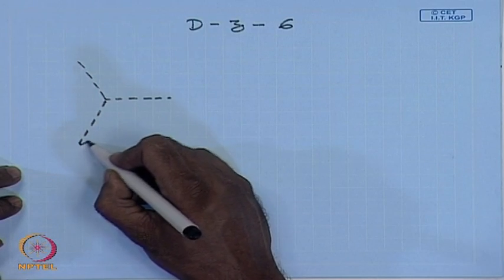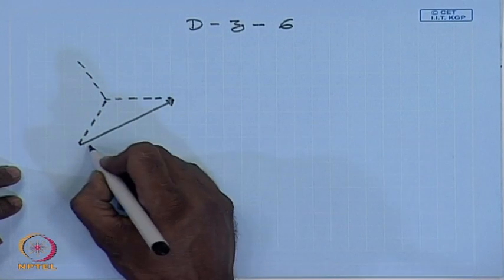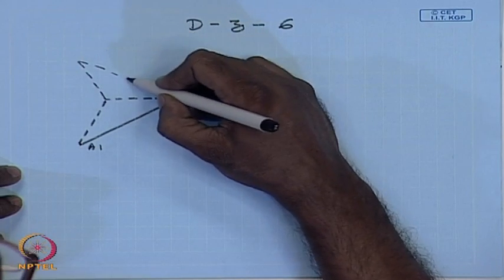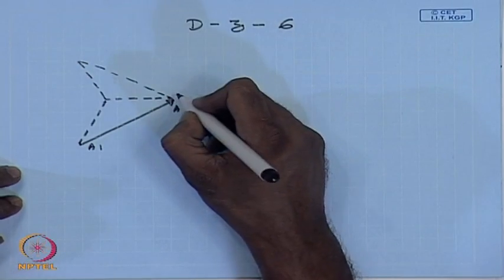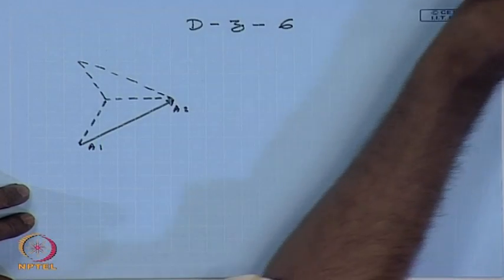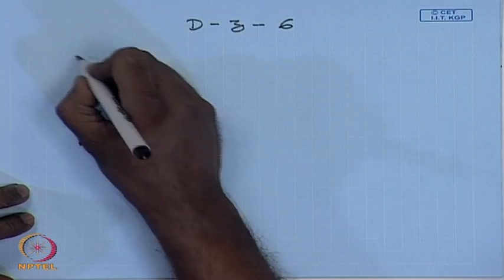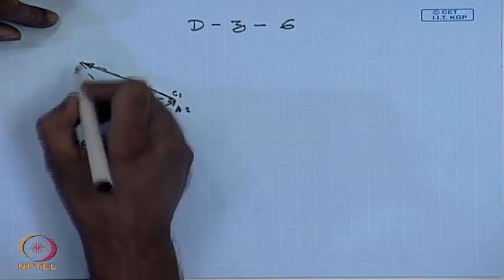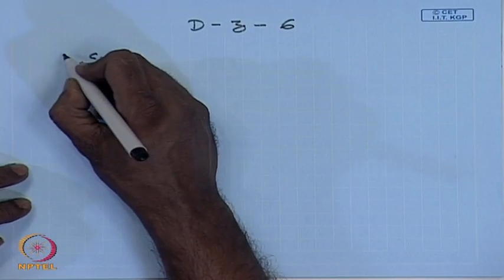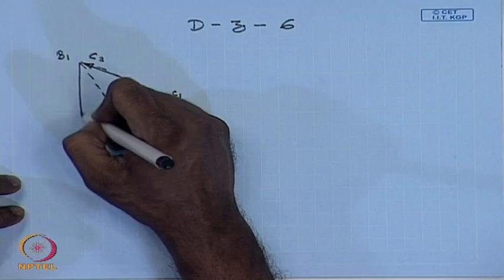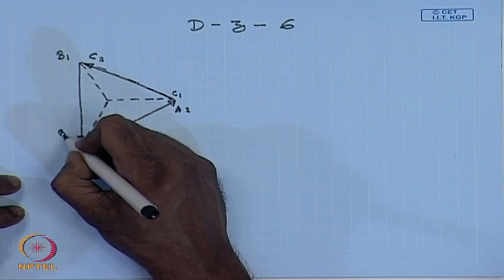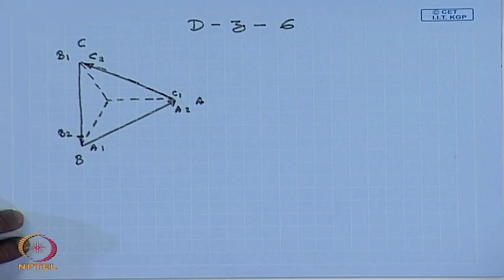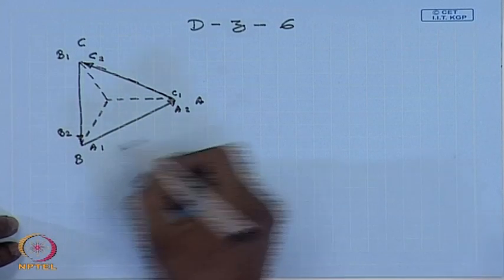So, this is the voltage phasor A1, A2, this is the voltage phasor C1, C2, and this is the voltage phasor B1, B2. This is terminal A, this is terminal C, this is terminal B. So, these are the voltage phasors.